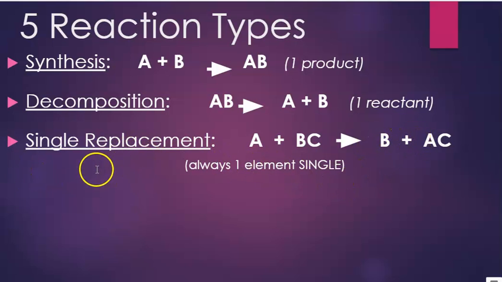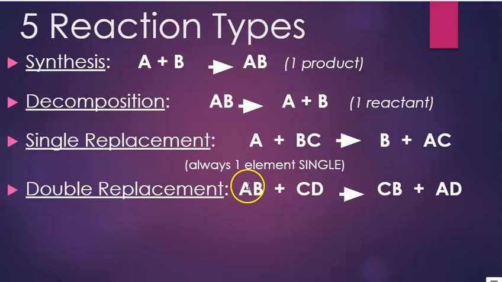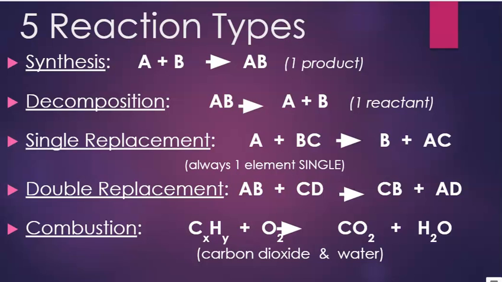I'm going to give you more details of these in just a minute. Double replacement, AB plus CD yields CB and AD, so they switched partners. And combustion, and this is going to be some C and H combination plus oxygen will always yield, your products are going to be always carbon dioxide and water.